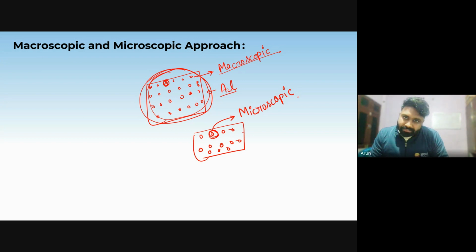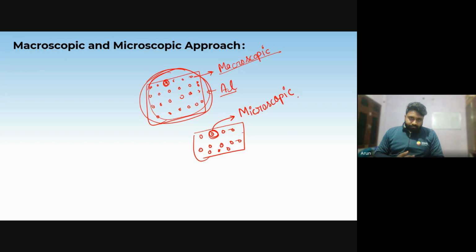And if you want to reduce the error, you will go according to the microscopic approach. You will pick one atom at a time and study it, then another atom, then study it and record the data. Then you have lots of data. We did this in mathematics, in statistics: we have lots of data, we analyze it, then we form a conclusion. So the branch of thermodynamics in which we use the microscopic approach is termed statistical thermodynamics.